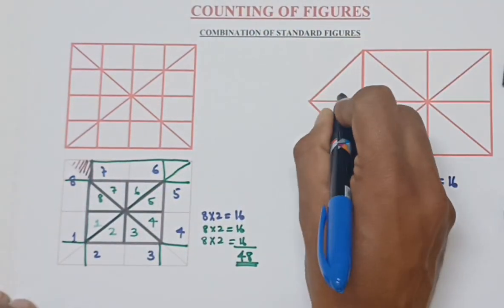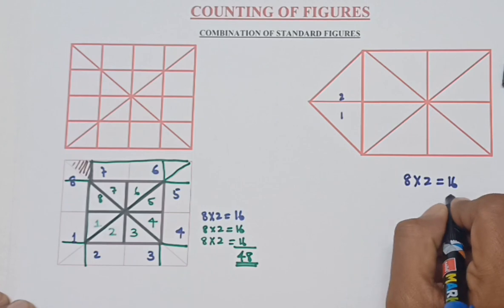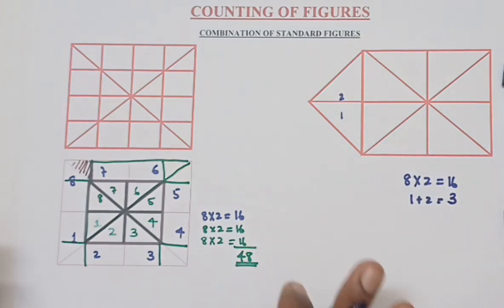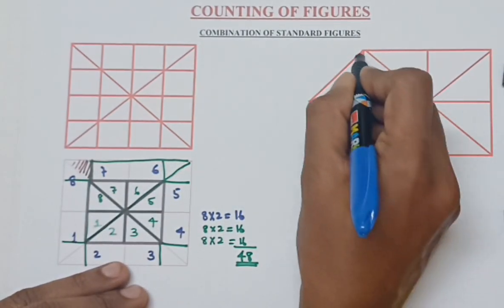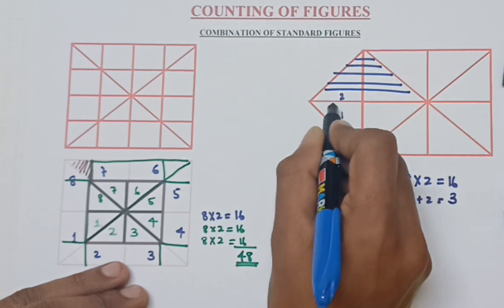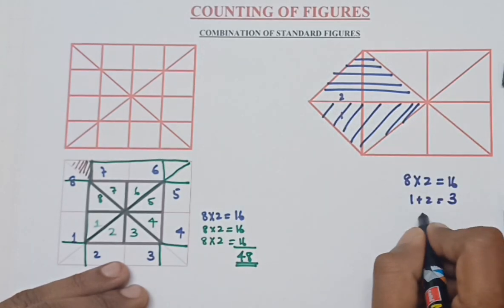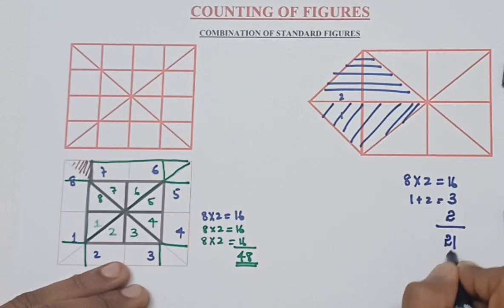So we can number it as 1, 2, and the total number of triangles will be 1 plus 2, that is 3. And it's not over. When we join, this will give a bigger triangle this side and one bigger triangle this side also, downside. So plus 2, that will give a total of 21 triangles.